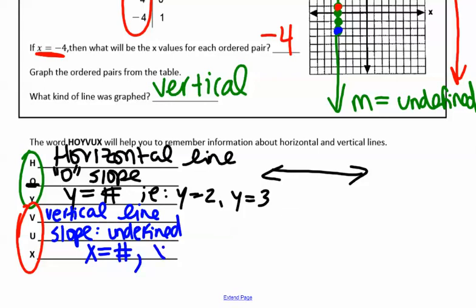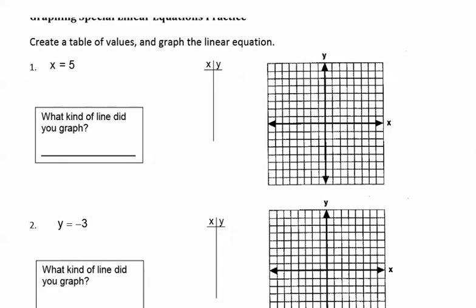So x equals 1, or x equals 2, or x equals -3. All of those, if you just get x equals a number, it's going to be a vertical line, and it's going to have undefined slope. All right, so it looks like that.